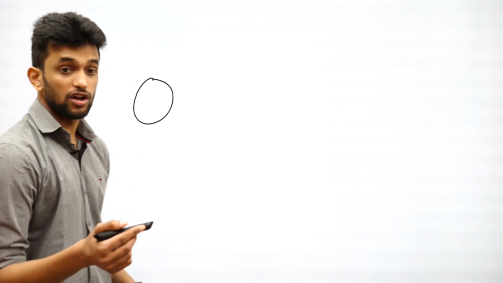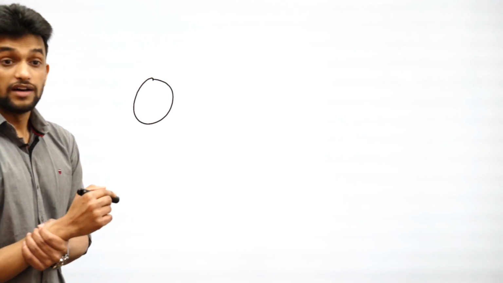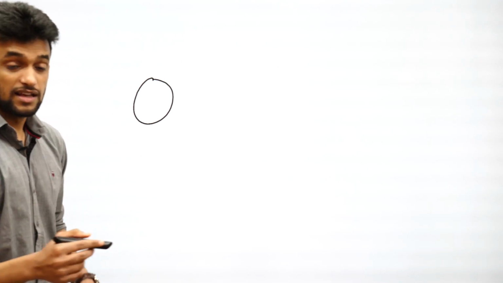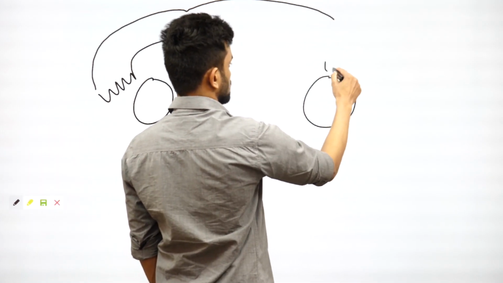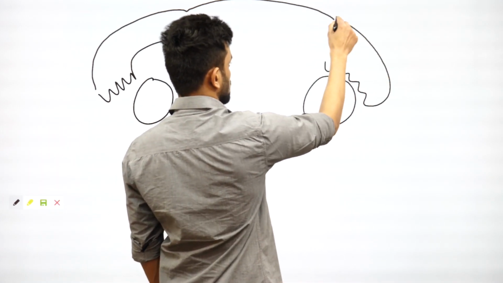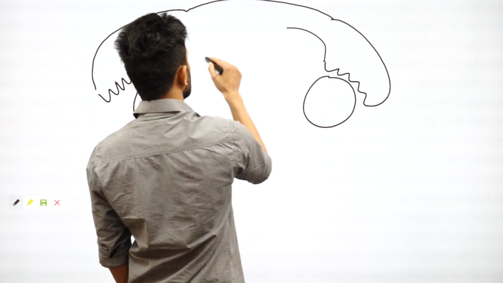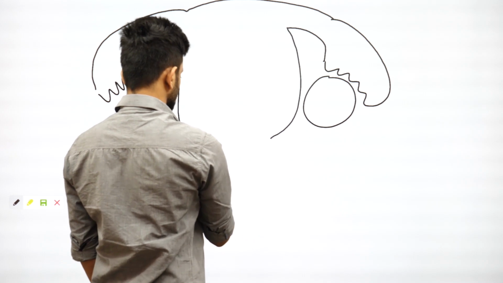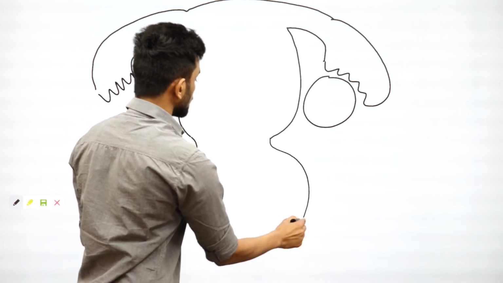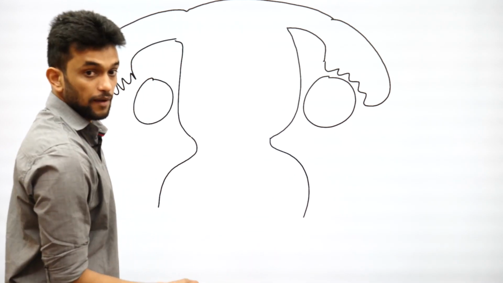The secondary organs are the cervix and vagina; all these are secondary organs in case of females. What is this called? Fallopian tube.